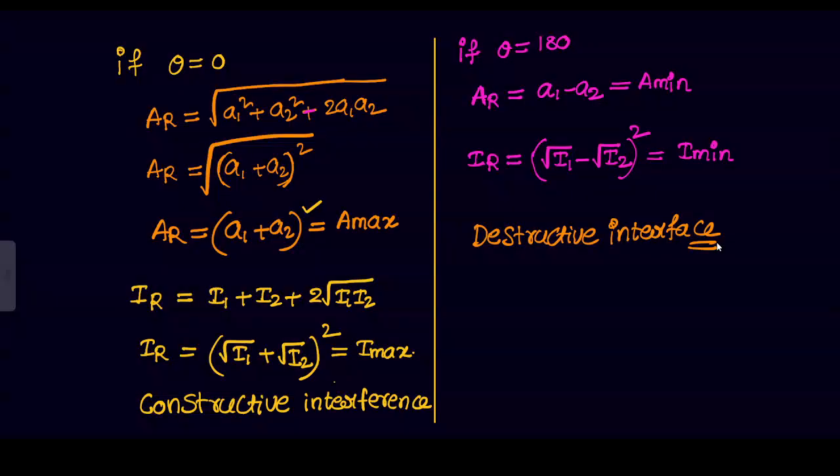Copy these things down. Constructive and destructive interference, these things are very important. Some important points I will tell you, so note down these points carefully. Summary for this: constructive interference, destructive interference.